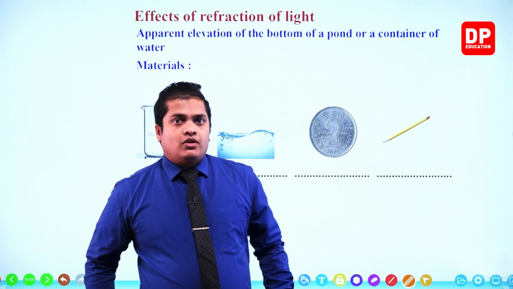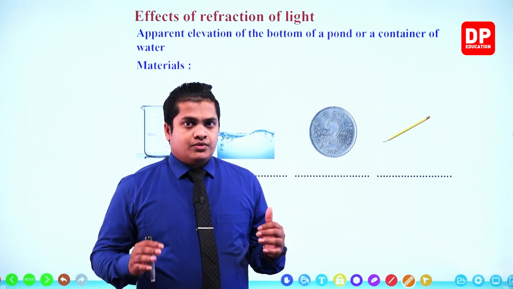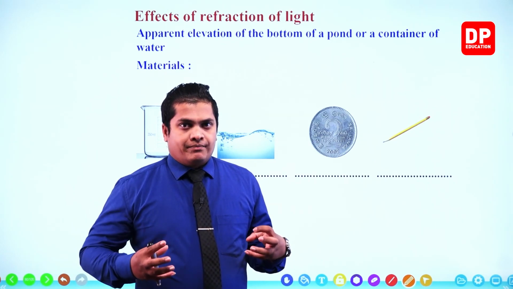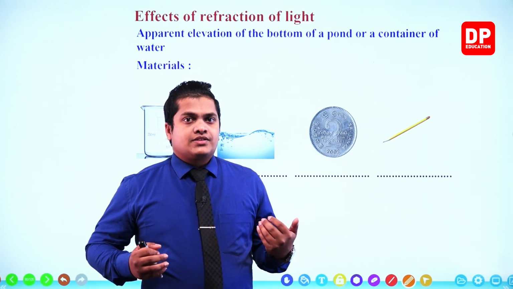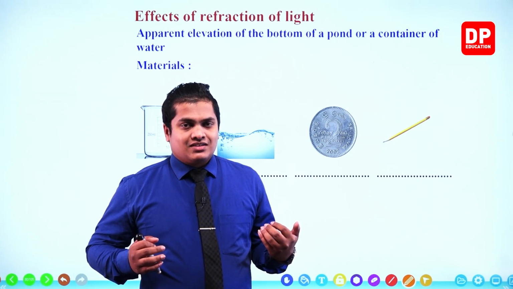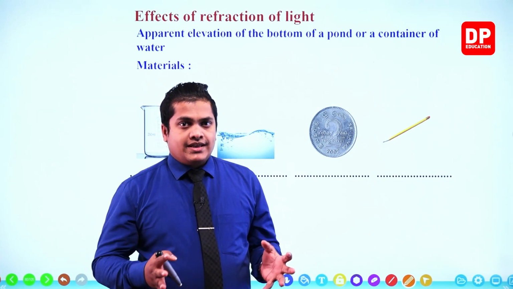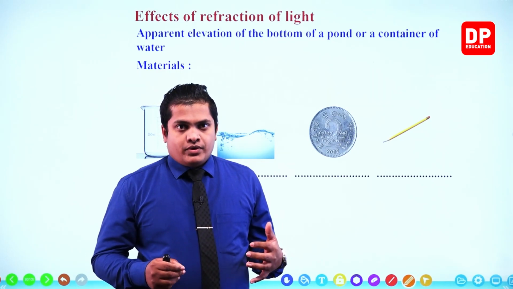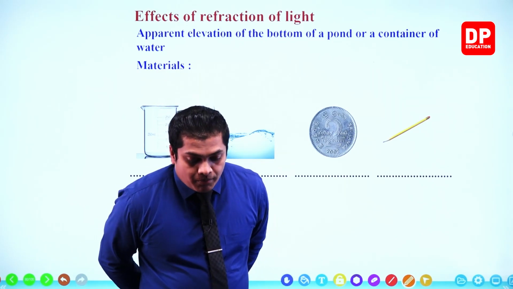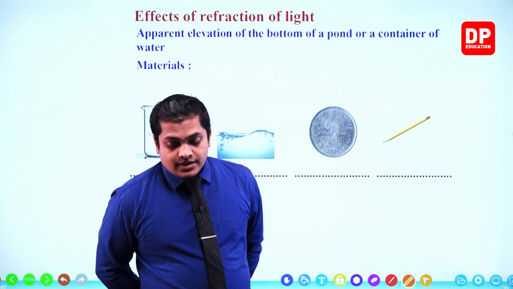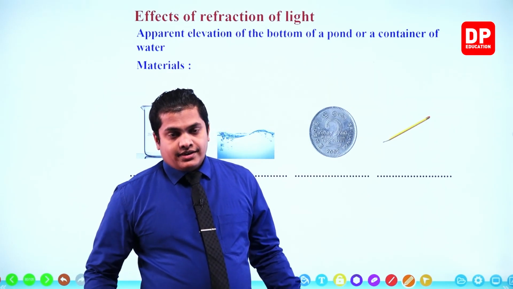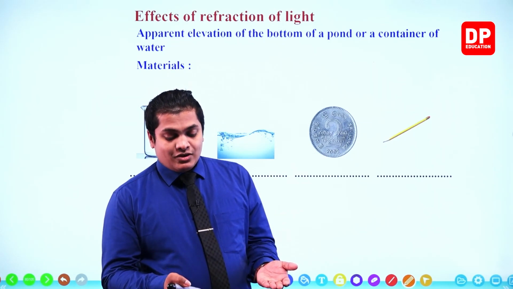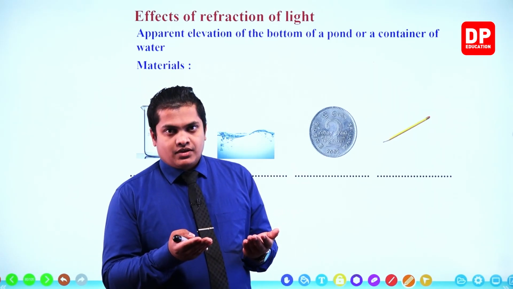I think you have observed, when you are going to take a swim, or going to an area that has a pond or a water body like a water pool, when you check the bottom of the water, you may have seen that it has been raised somewhat, right?